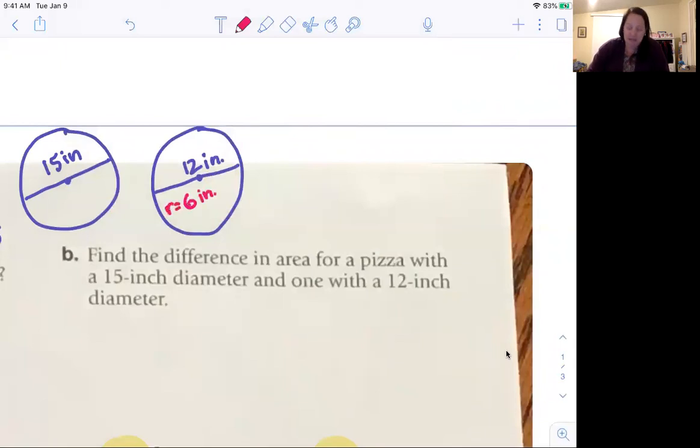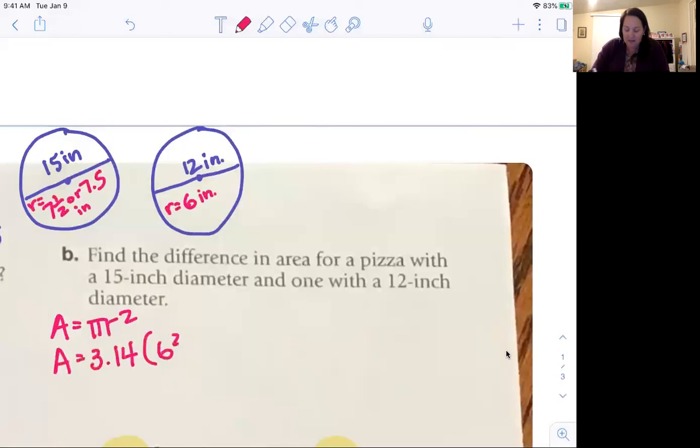What's half of 15? 7.5 here. Okay, that will be a little bit easier for us. Okay, let's do the 12-inch one first. We have area equals pi r squared. Area equals 3.14 times 6 squared. Area equals 3.14 times 6 times 6, 36.